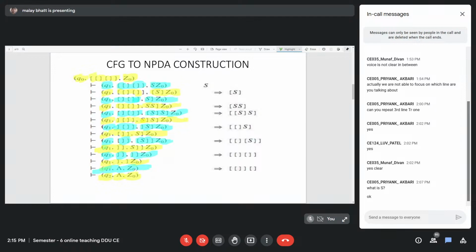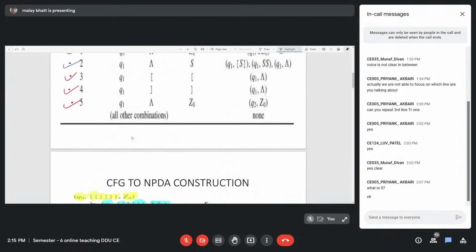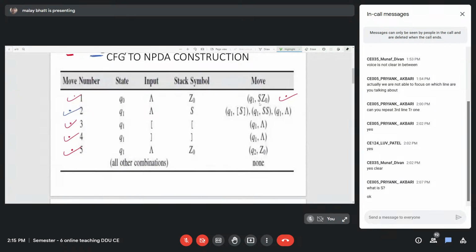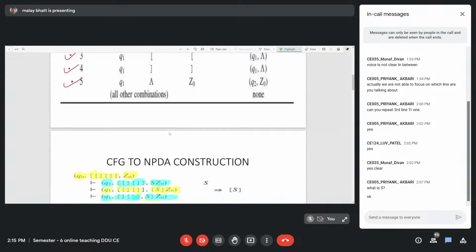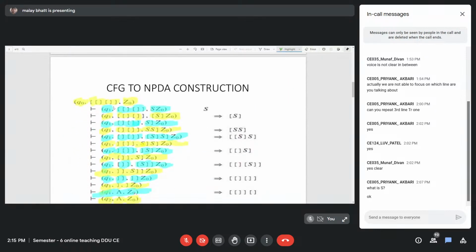As per rule one, which we have written, we'll push S on the stack. So Q0, null, Z0 will consume null, and we'll push the starting symbol S on the stack, giving Q1, S Z0. That is what you can see: Q1, we are consuming null from the input, highlighted in blue, and S Z0.